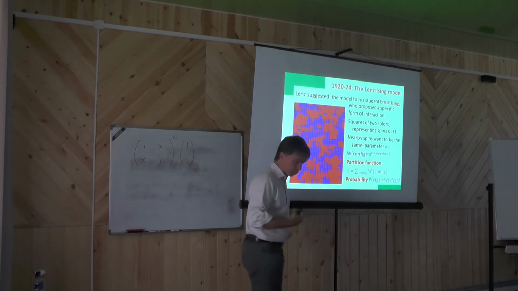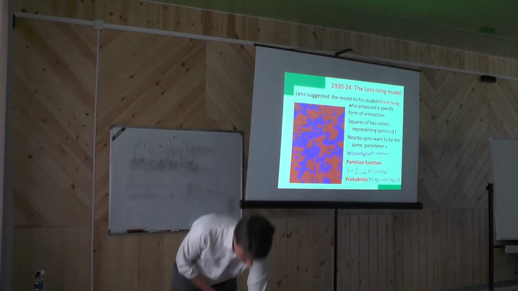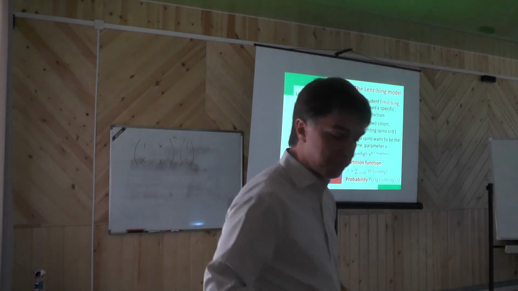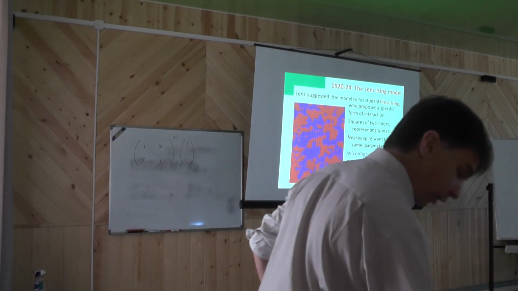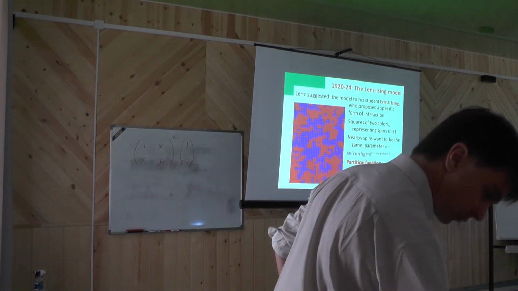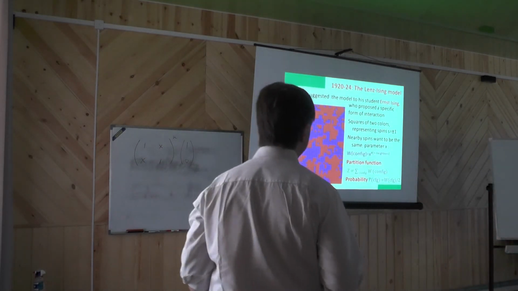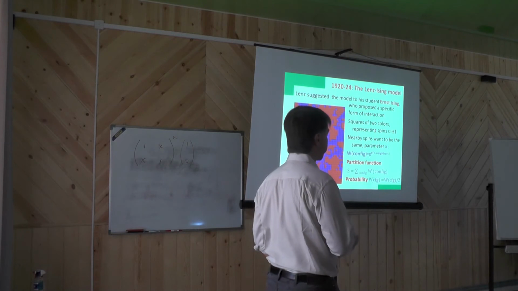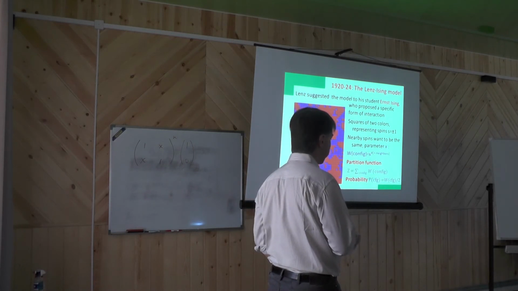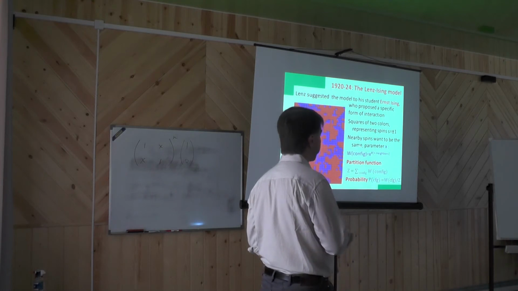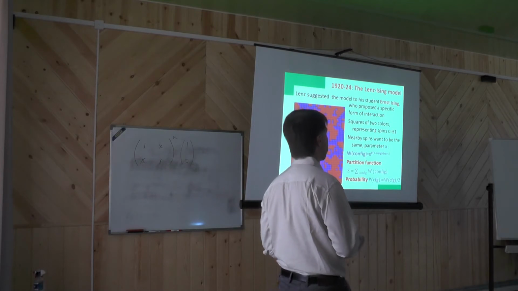So the more neighbors you have of different colors, the higher is the power. And if x is smaller than 1, then the higher the power, the smaller the weight of a configuration. Now, it's not the probability of the configuration because the sum of weights is not 1, so we have to normalize it by the sum of the weights.